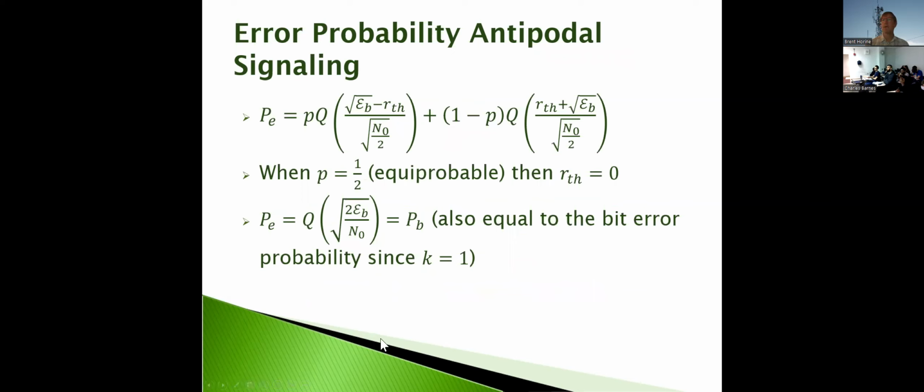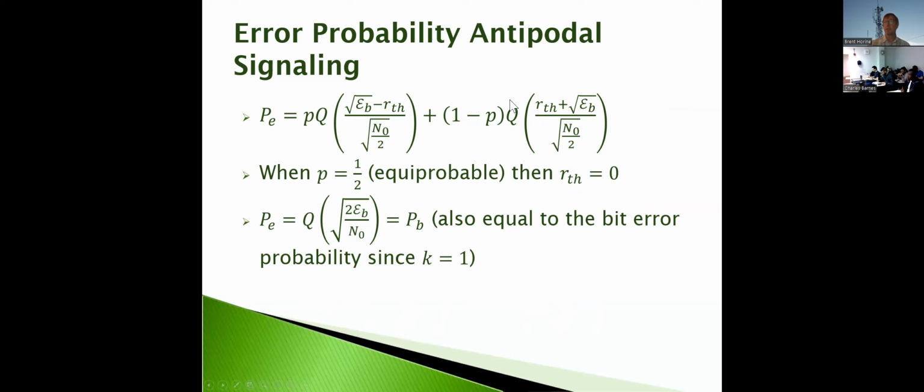All right. So now if we just write that equation back up here at the top for context. If we have an equally probable distribution, then the threshold is 0. So these terms go to 0, and that simplifies that in there.